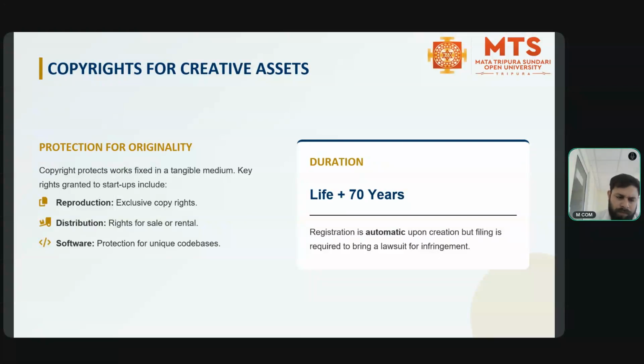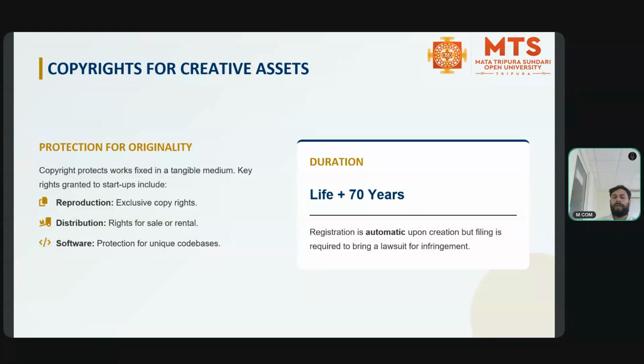That means you have created a new software, or I can say a new OS which runs on an AI module and runs typically on all computers, exclusively on Mac OS, that is Windows and Apple laptops. This kind of copyright for creative assets has been given for a lifetime or for 70 years.